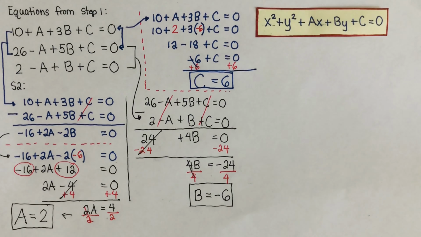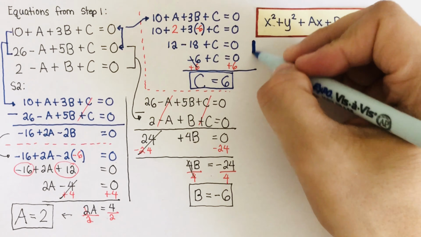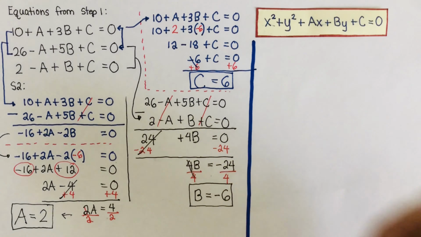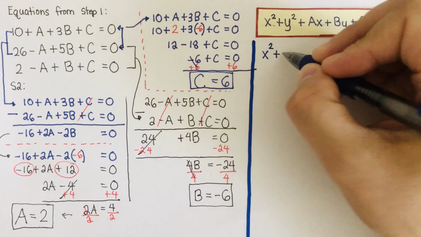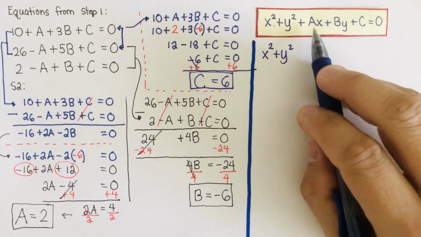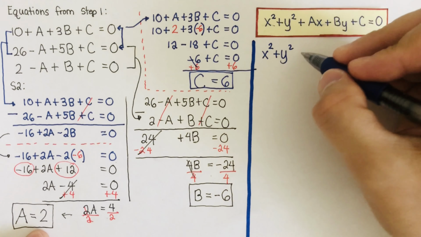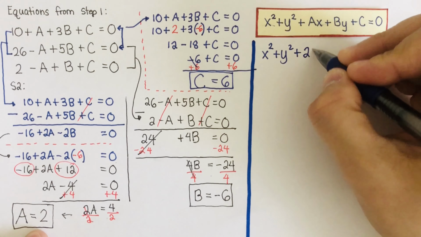So from here, we can therefore plug those A, B, and C into the equation. So the equation would come out to be x squared plus y squared. The A is 2, so I go ahead and write plus 2x.